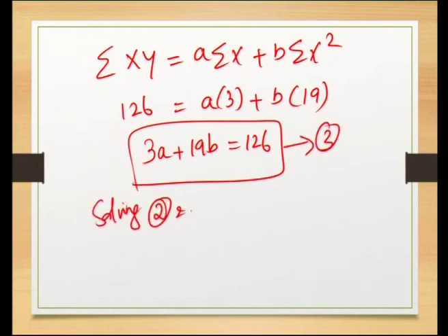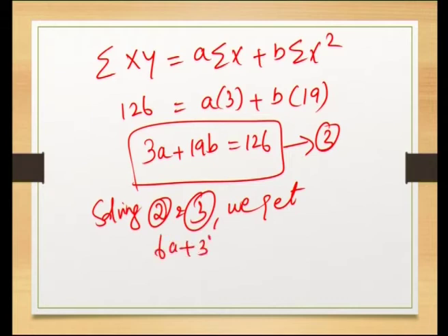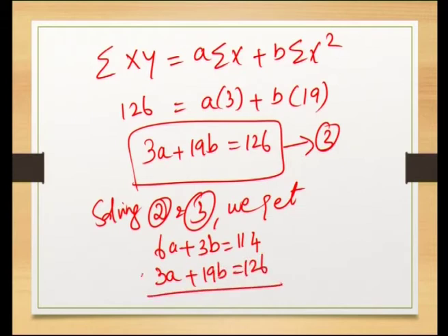Solving 2 and 3, we write the two equations together, that is 6a plus 3b is equal to 114 and 3a plus 19b is equal to 126. We have to solve. Solve in the sense, just multiply the second equation with 2 and then solve it.